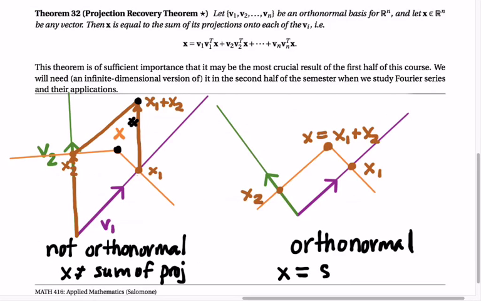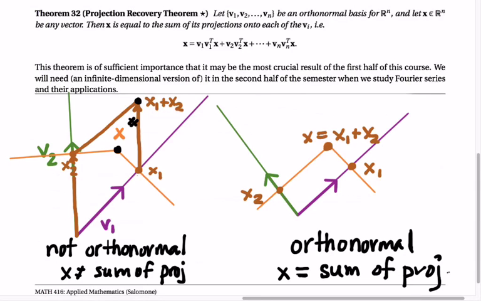So I think we could have even been stronger in the statement of this theorem and said if and only if, but we don't really need both directions of that to do what we're going to do. That's the flavor of this theorem. And as of the end of the video in which the cliffhanger appears, we hadn't figured out how to prove this. Why is orthonormality important for recovering x as the sum of its projections?